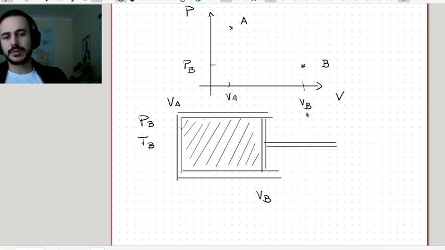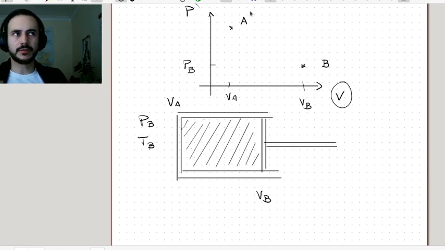But what happens in between is something we cannot represent in the VP representation, because whenever you have thermodynamic variables here, they are only defined in equilibrium. Out of equilibrium, they have no value. It's not that they have an intermediate value that is changing over time; they simply are not defined at all.